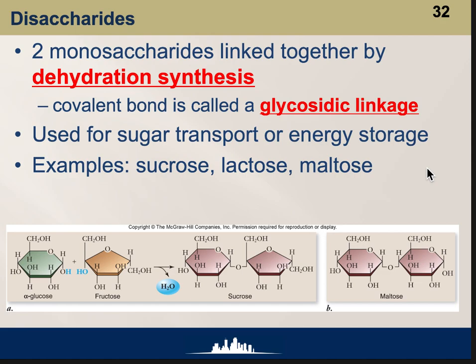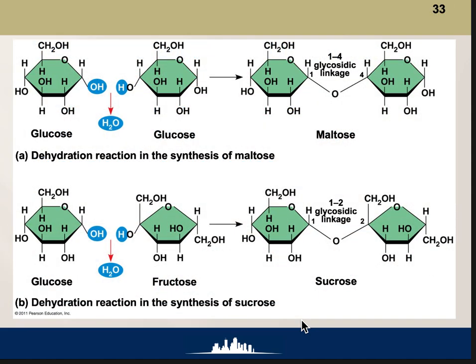An example of this would be sucrose, lactose, or maltose. So we have sucrose and we have maltose down here and fructose, right? Glucose and fructose will yield a sucrose. And here we have some more examples. Maltose and sucrose. Two glucose make a maltose, a glucose and a fructose make a sucrose.